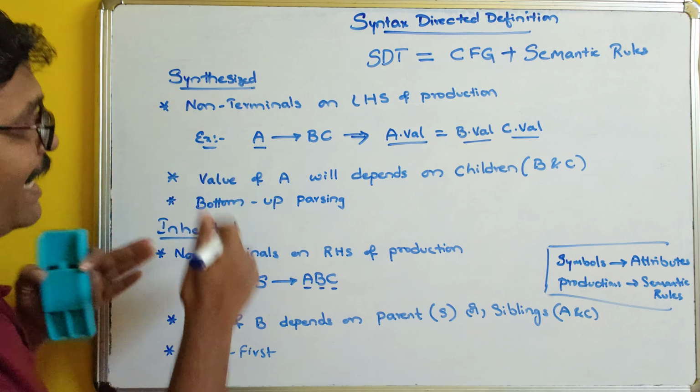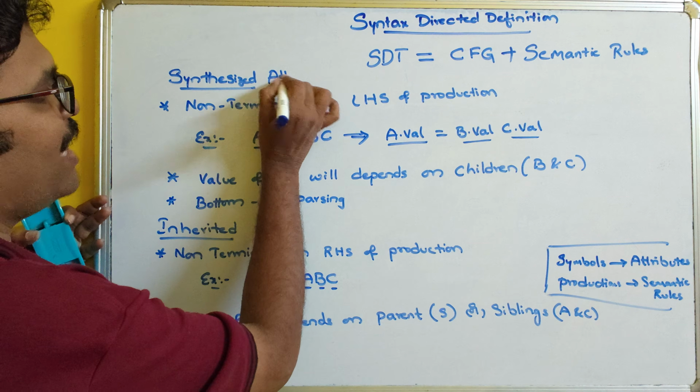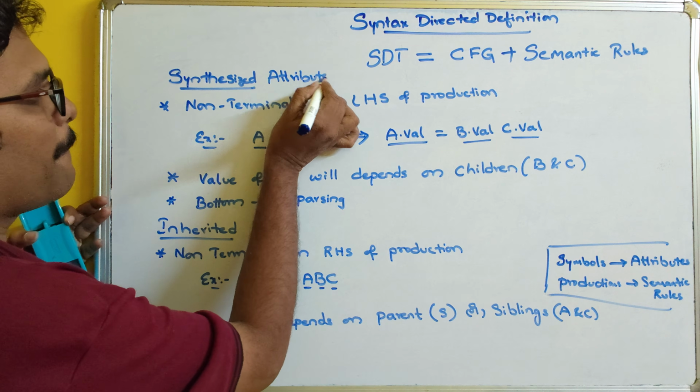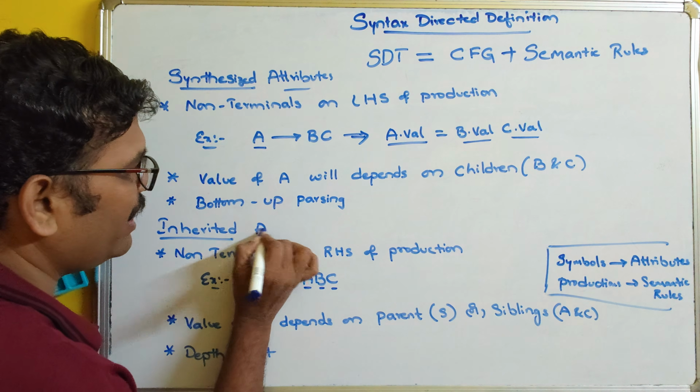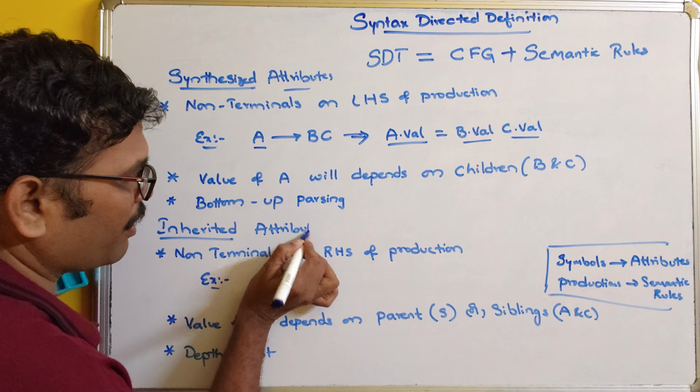So these are the two categories of attributes: synthesized attributes and inherited attributes.